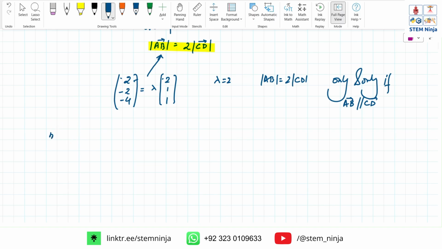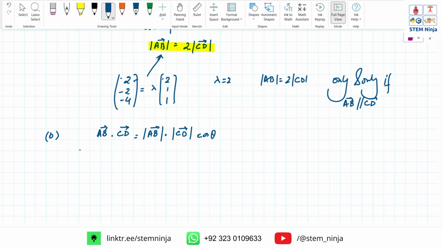So we know that the AB dot product with CD is going to be equal to magnitude of AB times magnitude of CD times cos of theta, where theta is the angle.